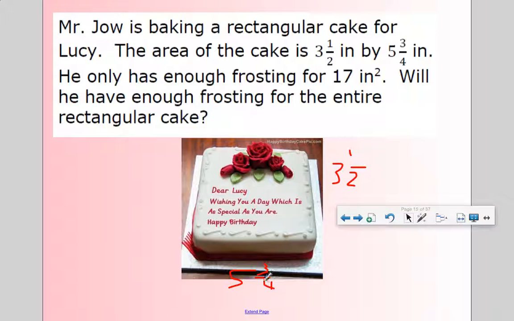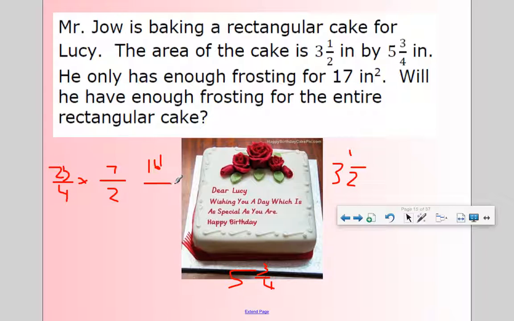So how do you rewrite this? Again, how do you find the area of a rectangle? It's length times width. In 6th grade, we use base times height. So turn this into an improper fraction, which is 23/4. Turn 3.5 into an improper fraction, which is 7/2. If you multiply 23 times 7, it is 161.